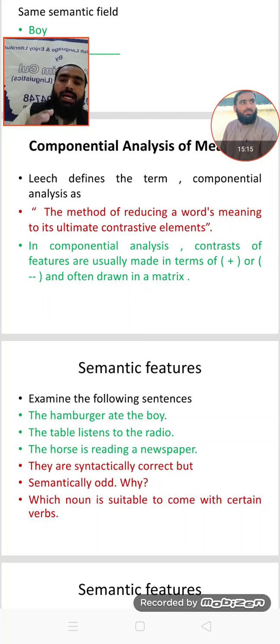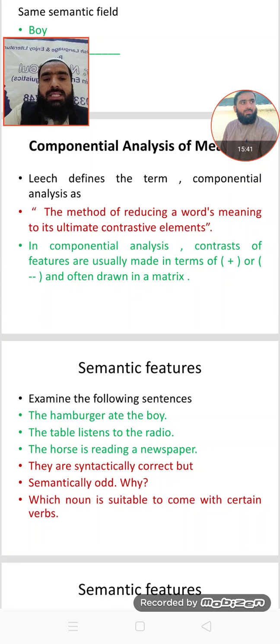When we are analyzing the word female, we are subtracting the meaning of male from female. So this is the method of reducing a word's meaning to its ultimate contrastive elements.